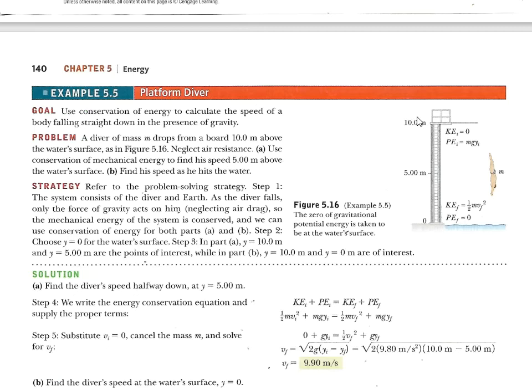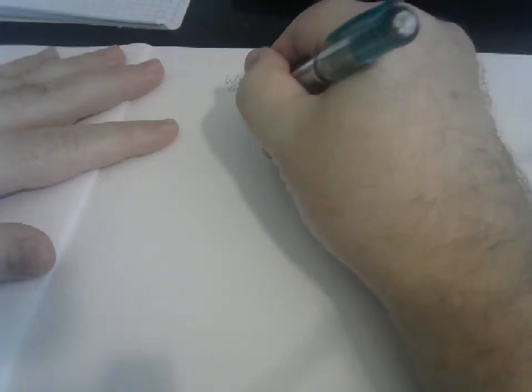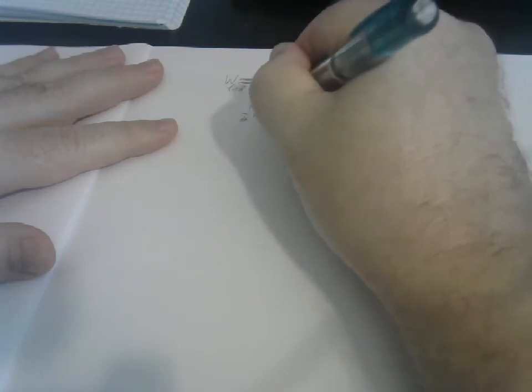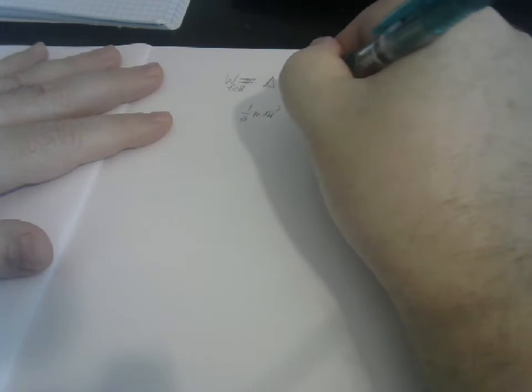All right, so this diver, he's diving from 10 meters to 5 meters. We want to find out his velocity at this point, and then he hits the water, and we want to find out his velocity at that point. So his change in kinetic energy would be kinetic energy final, which is going to be 1/2 m v final squared, minus his kinetic energy initial, which is minus 0, because he starts up at the top of the platform at 0.